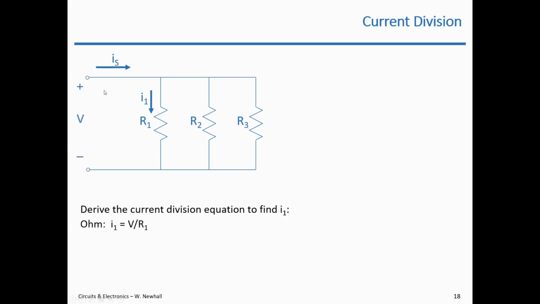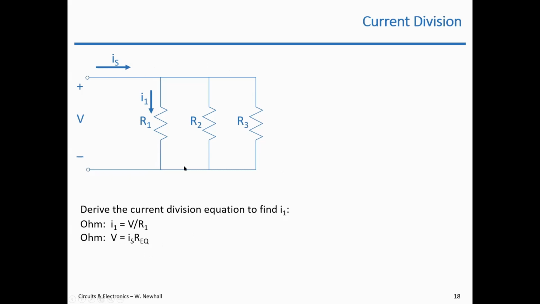So Ohm's law would say that the voltage from top to bottom, the voltage across all of these parallel resistors, is described by Ohm's law. So I1 equals V over R1, okay? And then also by Ohm's law, if you take all of these resistors, combine them into an equivalent resistance, you get V equals IS times REQ.